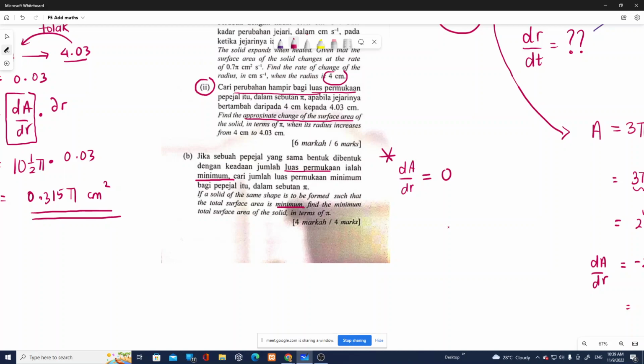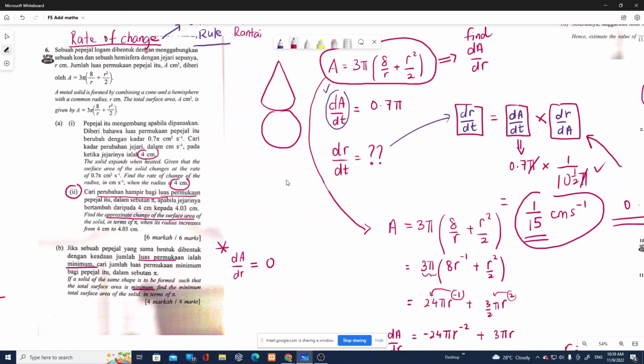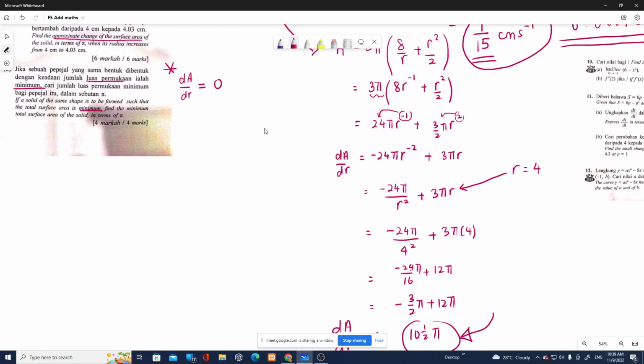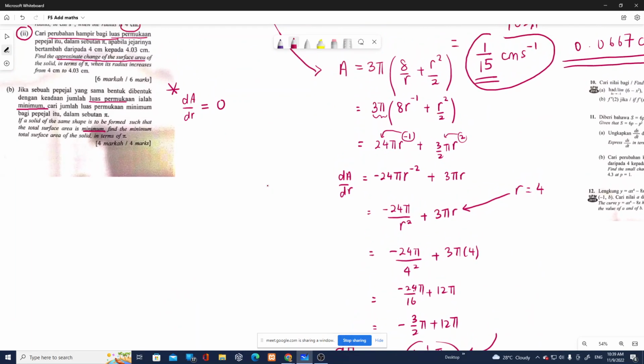Understand? Understand. dA per dR mesti sama dengan kosong. Dan apakah dA per dR yang kita sudah dapat? Jawapan dia ada di inilah. Kita guna yang sini. dA per dR. Jangan gantikan R ialah 4, sebab kita nak cari apakah nilai R yang baru.